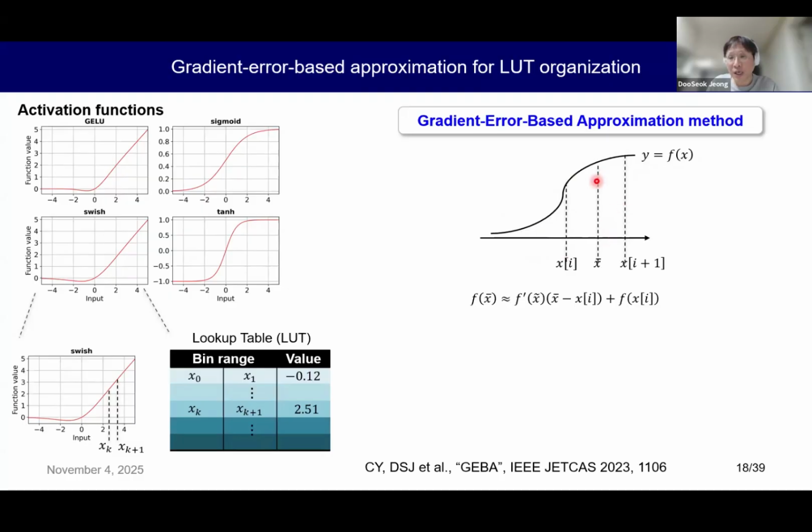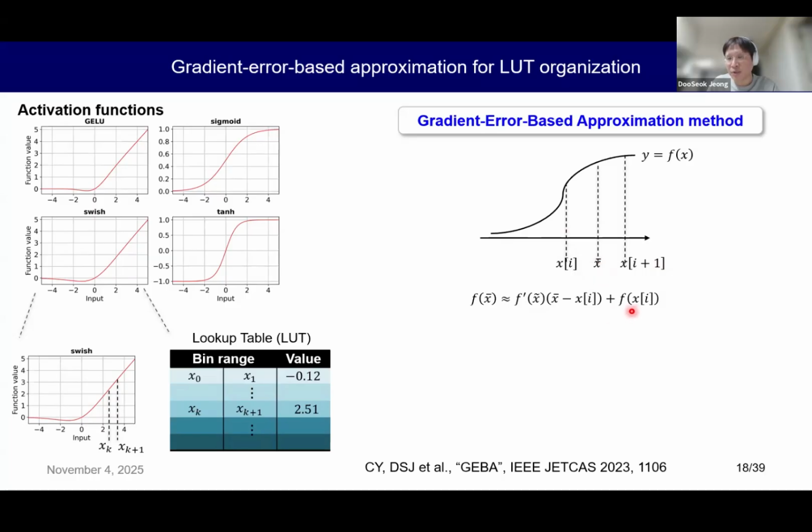If you have a certain value, let's say xi, and you have xi plus one, you can define this x bar. So the function value at x bar, let me define x tilde somewhere between xi and xi plus one, and this x bar, which is here.